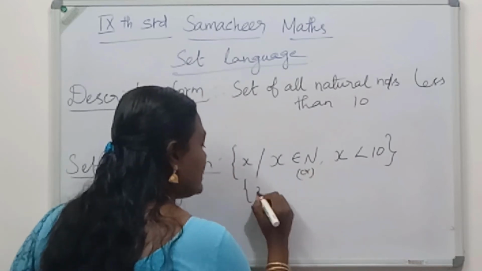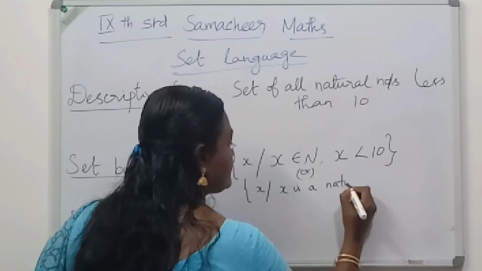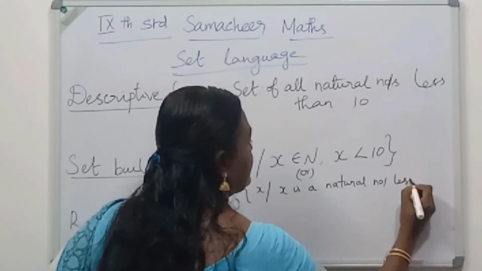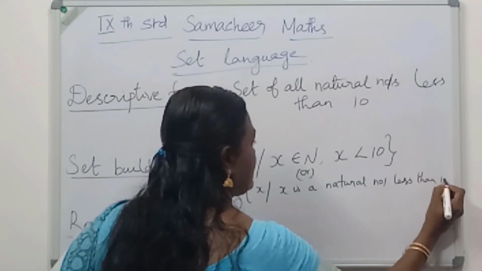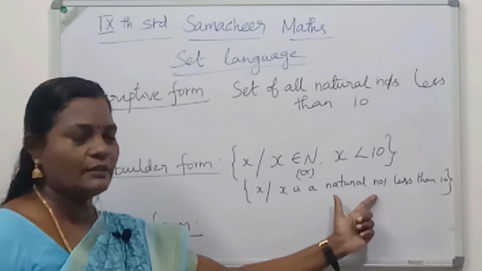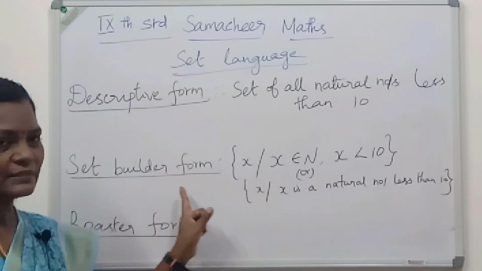Set of all x such that x is a natural number less than 10. Like that we can write it in an easy way. This one is also a condition: x is a natural number less than 10. Like that also we can represent in set builder form.